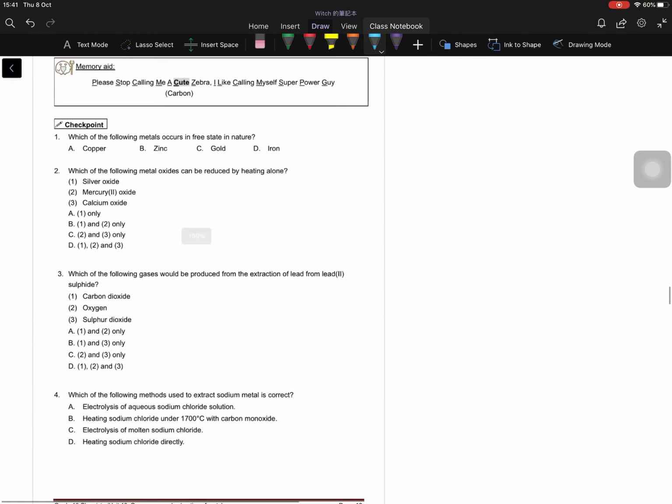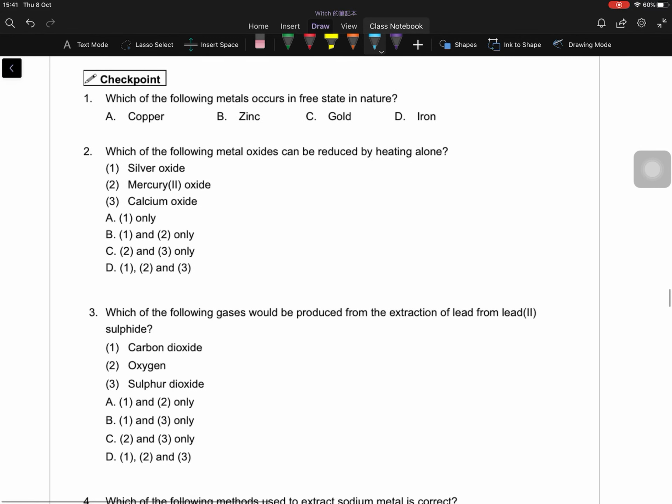Well, next one, which metal exists in free state? Free state means it does not form a compound, so the answer is C. Again, you can pause the video for your work first. The second one, which of the following can be reduced by heat alone? Don't forget alone.